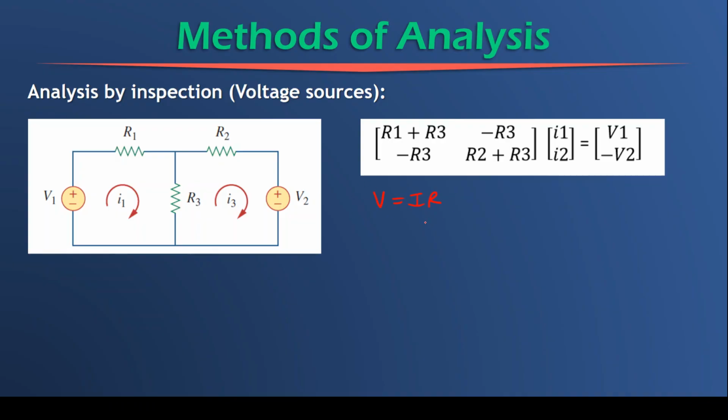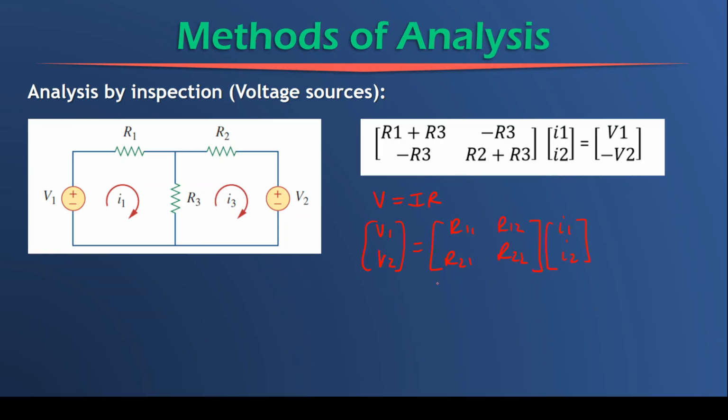Right, so if we've got a 2x2, we've got two meshes, we know that we're going to have V1 and V2, and we're going to have R11, R12, R21, and R22 as a matrix multiplied by the current I1 and the current I2.